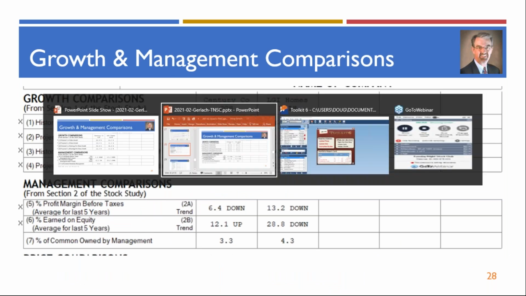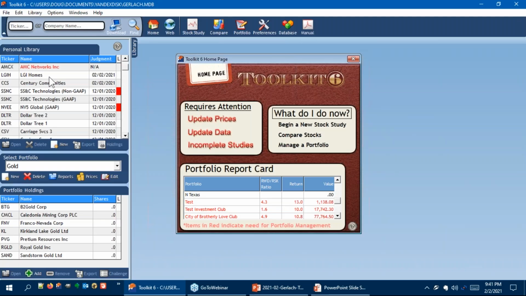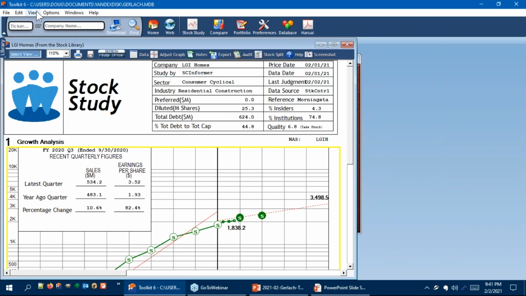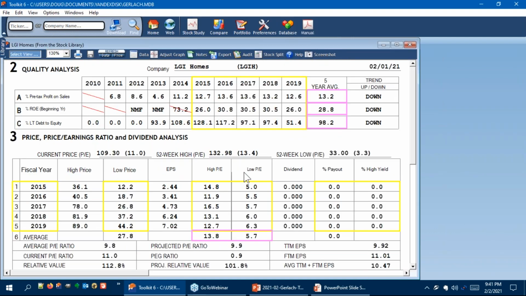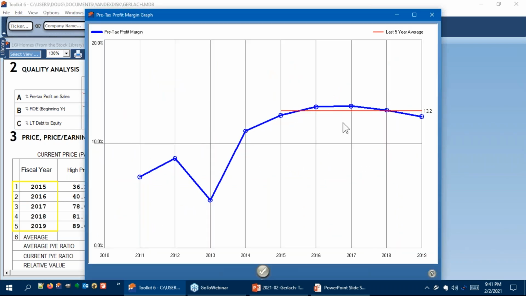So let me flip over to Toolkit now, and I'll open up LGI Homes first. So here you can see the front. On the back, you can see this is considered a downtrend of margins, but that's pretty nominal. And as I said, we expect a little bit more of a downtrend for 2020 because of the impact of the pandemic.